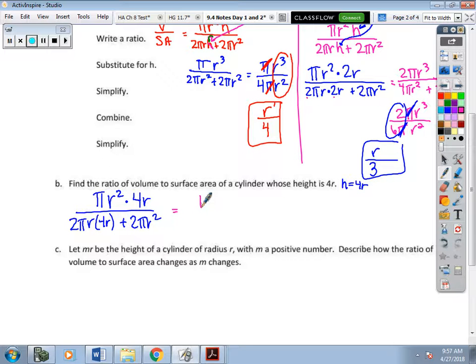So on the top we'll get 4 pi r cubed. And the bottom, when I simplify this, I'm going to get 8 pi r squared plus 2 pi r squared, which will get me 10 pi r squared. The pi's will divide out. We can reduce the 4/10 to be 2/5, and again this will be r. So 2r divided by 5.